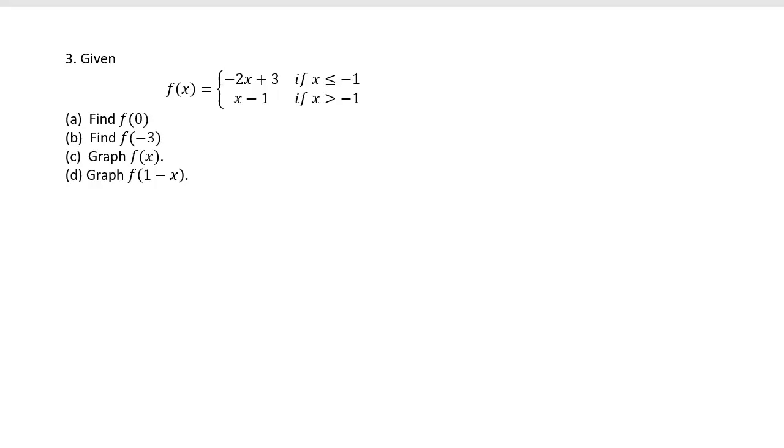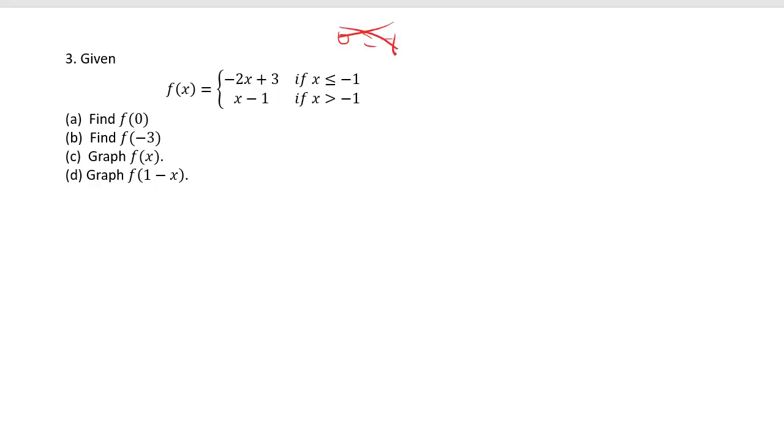Okay, question 3. F of x is a piecewise function, and because you have to graph this anyways, let's try to draw the graph. Well, okay, let's try f of 0 first. Is 0 less than or equal to negative 1?